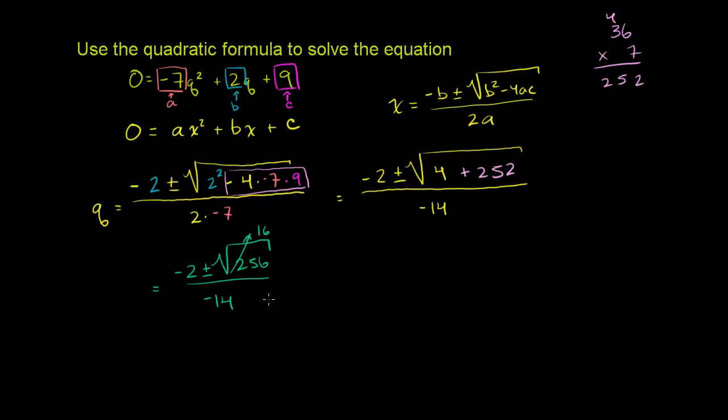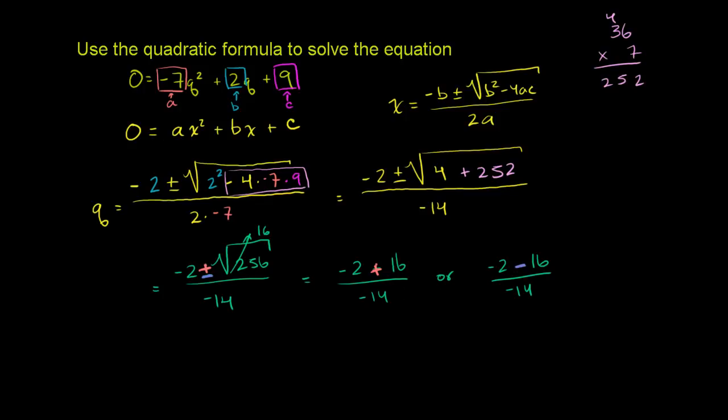So we can rewrite this whole thing as negative 2 plus 16 over negative 14, or negative 2 minus 16 over negative 14, right? If you think of it as plus or minus, that plus is that plus right there, and that minus is that minus right there.